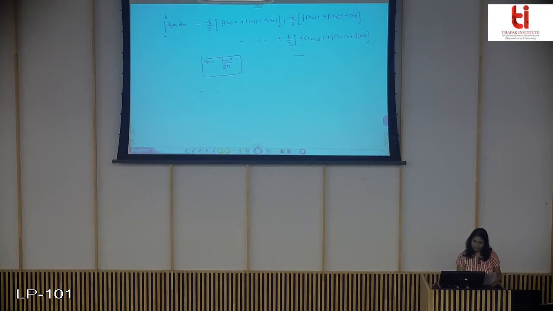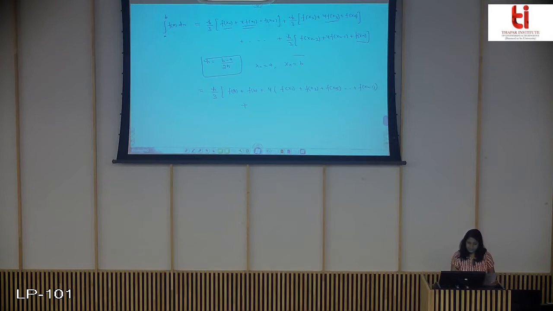Now we can combine all the terms together. h by 3, x0 is a and xn is b. So we can write the first term and last term together, f(a) plus f(b). Next, we collect the coefficient of 4: 4 f(x1), 4 f(x3), then 4 f(x5). So we can write 4 outside, then f(x1) plus f(x3) plus f(x5) and so on plus f(x(n minus 1)).